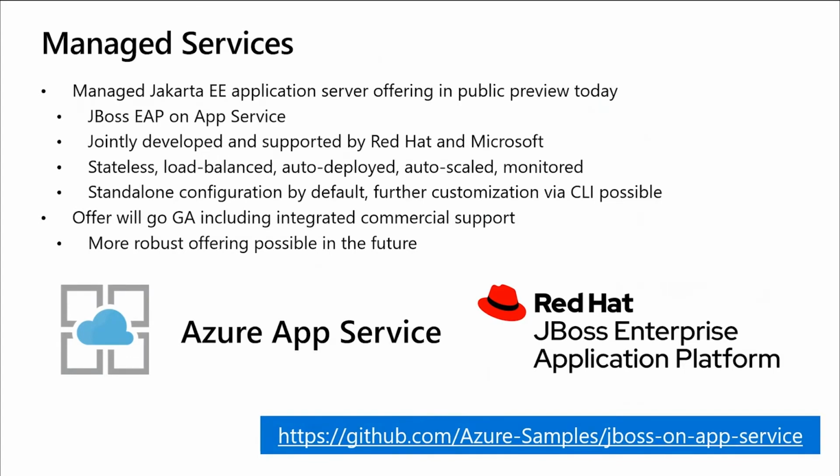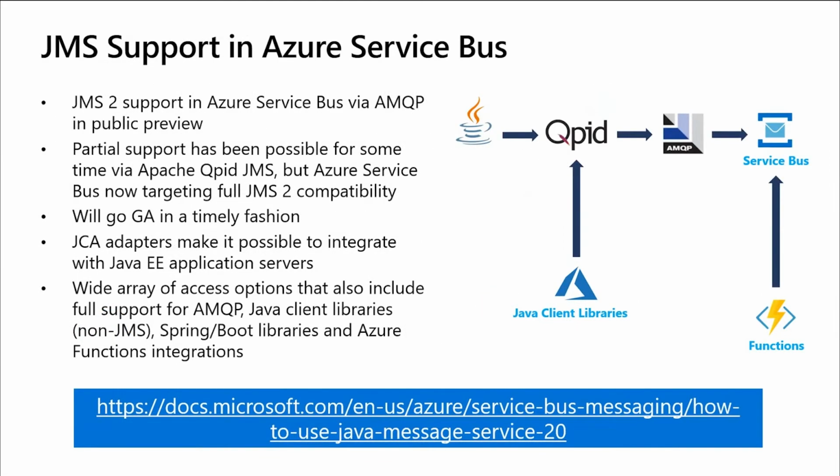Another very interesting thing that we're doing is creating Java EE API bindings for various key Azure services. One of the key combinations is Azure Service Bus and JMS. We now have in public preview JMS 2 support for Azure Service Bus.